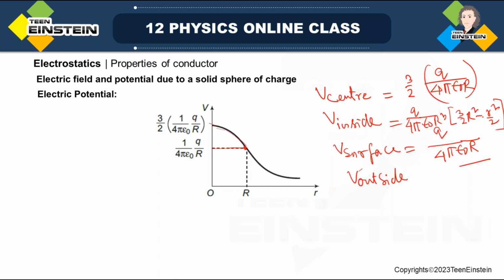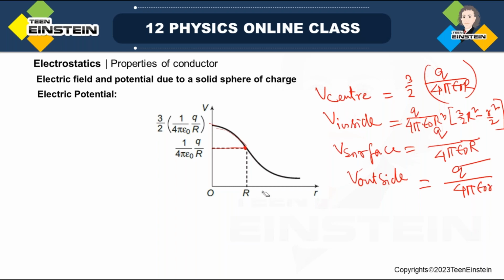So you'll get q by 4 pi epsilon naught R. At any point outside, you can calculate from the field outside. So it can be directly written as q by 4 pi epsilon naught r.